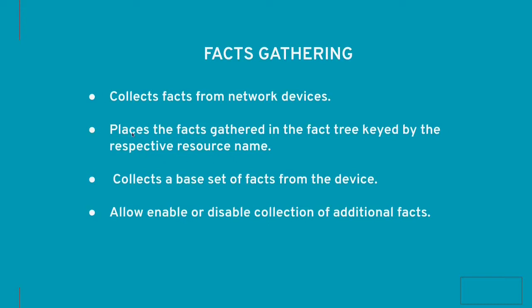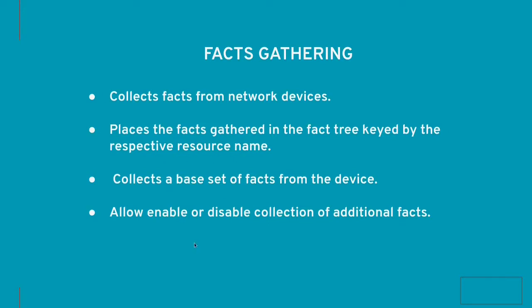The next point is that it places the facts gathered in the facts dictionary, keyed by the respective resource name. When these facts are gathered from the device, they are placed in a key value format in structured data, so that we could use them later on. The next one is that it collects a base set of facts from the device. I just mentioned that there could be some basic information, and that falls into the category of base facts.